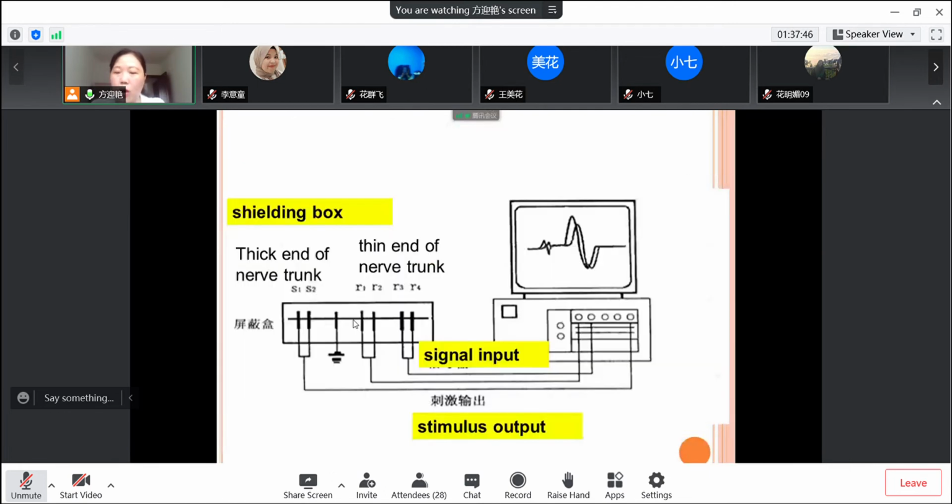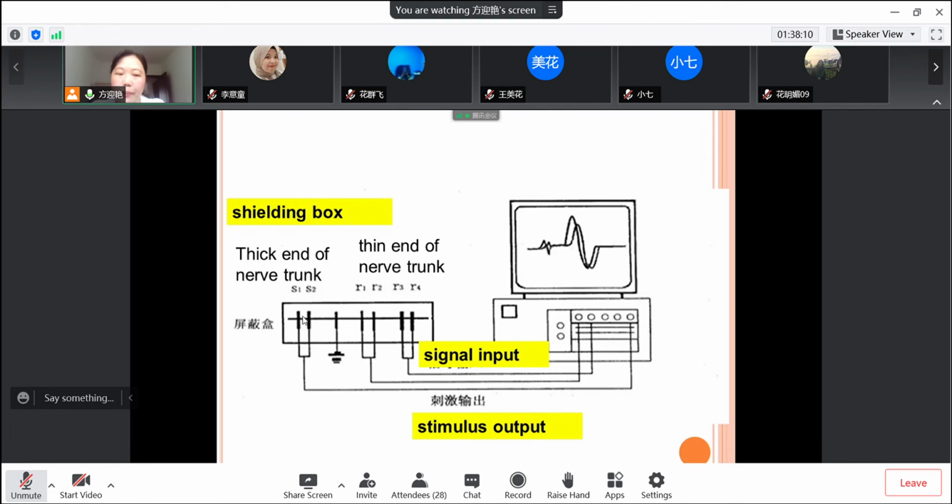I hope you know that this is also the nerve fiber. This is the stimulator electrode, and this is the recording electrode, and there we send the nerve trunk.